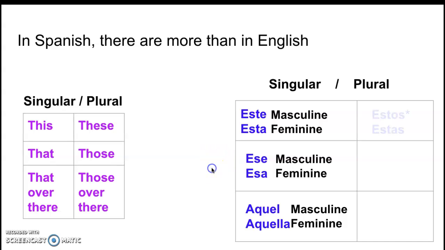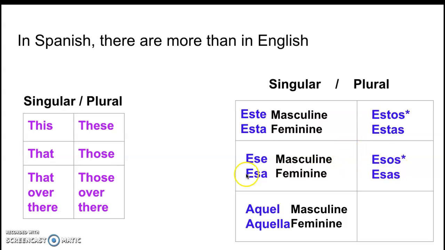When we go over to the plural side, remember you usually just add an S in English and Spanish to make things plural, but I want you to note este doesn't become estes. You would think it does, but it actually becomes estos. So make sure you watch that spelling change. Estos would be these things for masculine plural, and estas would be these for feminine plural.